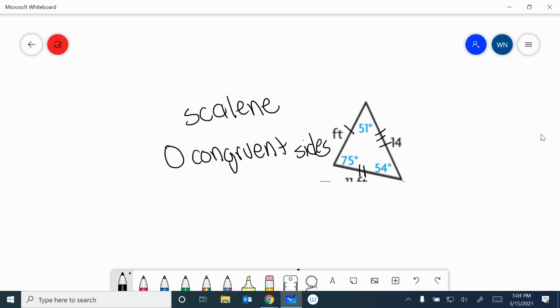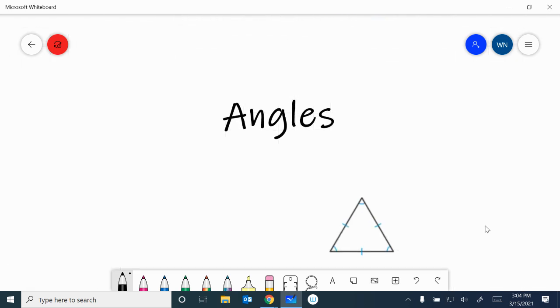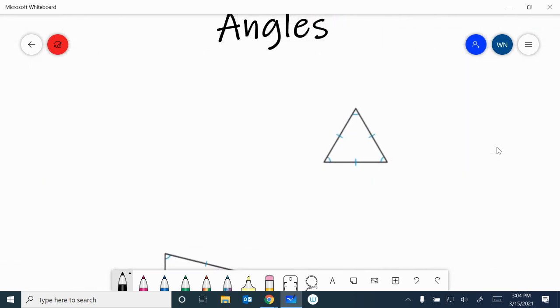Now let's dive in and start classifying our triangles by the types of angles it has. So let's take a look at this one first. So this triangle here, I want you to notice it has 1, 2, 3 small little acute angles. 3 acute angles.